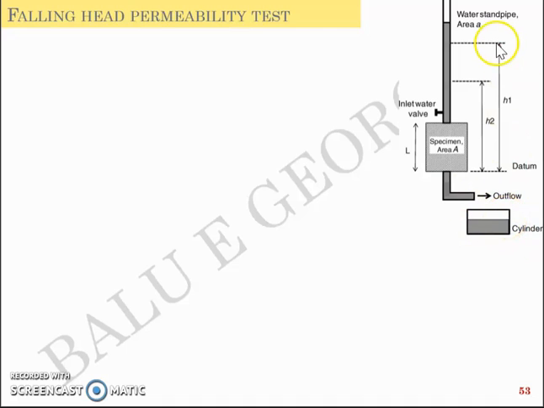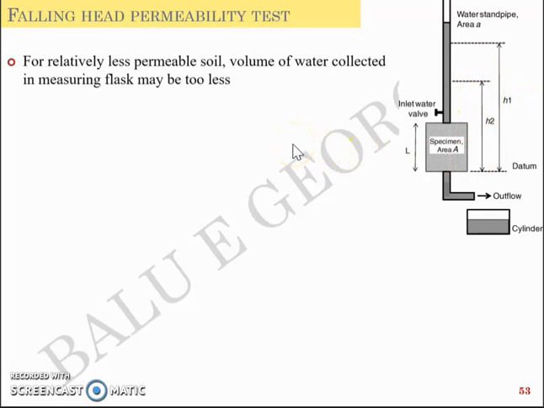Instead, what you do is you measure the time taken for a height h1 to fall to a height h2. So this, like I said, is for relatively less permeable soil, for example clayey soil, where the volume of water collected in the measuring cylinder may be very low.